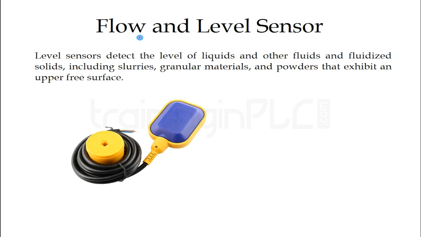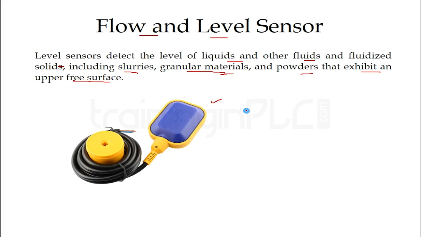Next is flow and level sensor. A level sensor detects the level of liquids and other fluidized solids, including slurries, granular materials and powders that exhibit an upper phase surface.